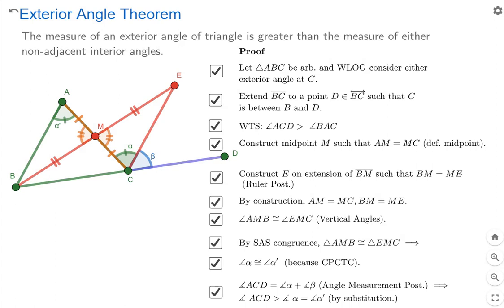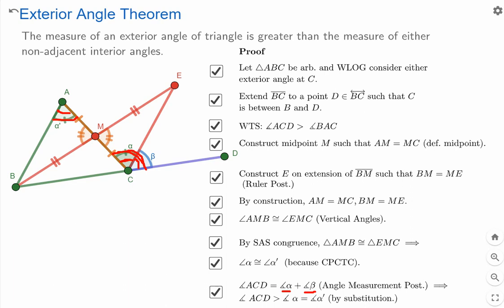All right, and then our last statement is pretty straightforward. We're trying to claim that the exterior angle is larger than the interior angle. Well, the exterior angle's measure is the sum of an angle that's the same as alpha prime, plus another angle. So here I have the measure of angle alpha plus the measure of angle beta.